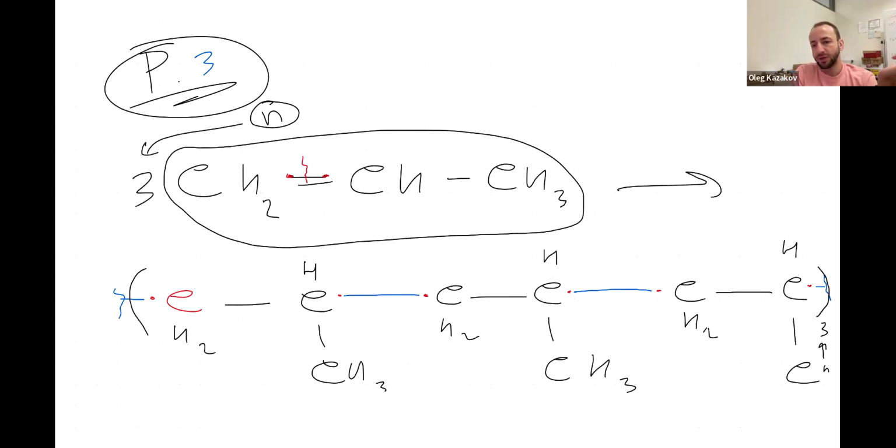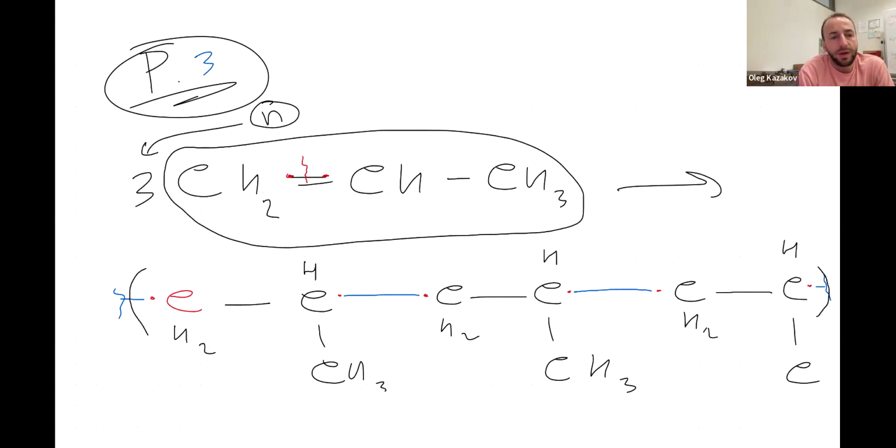In this case, strictly speaking, it's not necessary to show the number, because we have the proper balance. We have 3 molecules of the monomer, and here we go, 1, 2, and 3 molecules are already connected into the polymer chain.